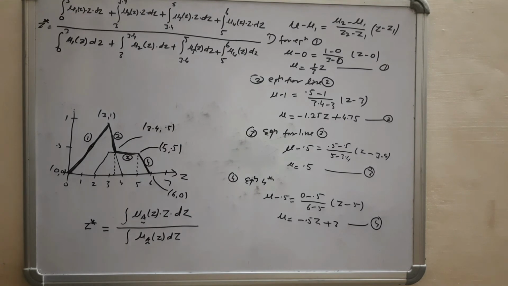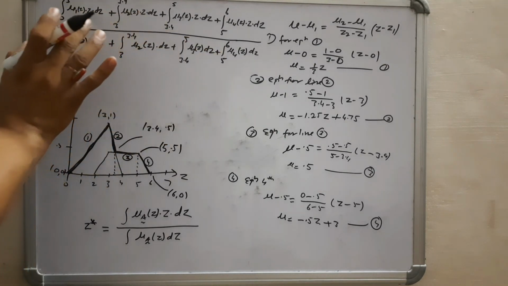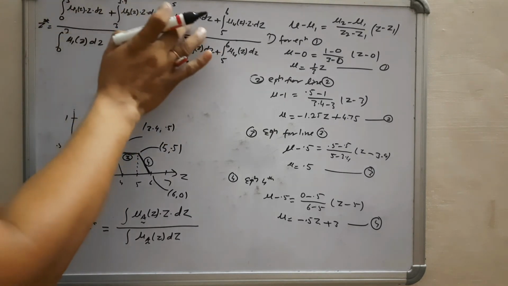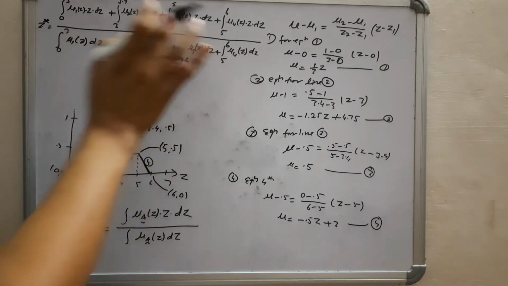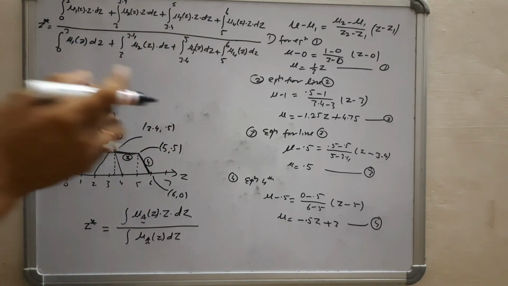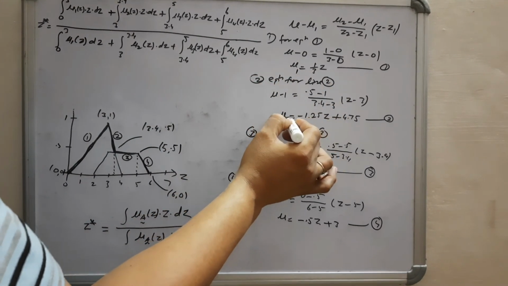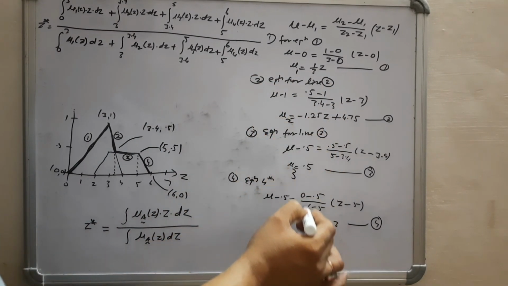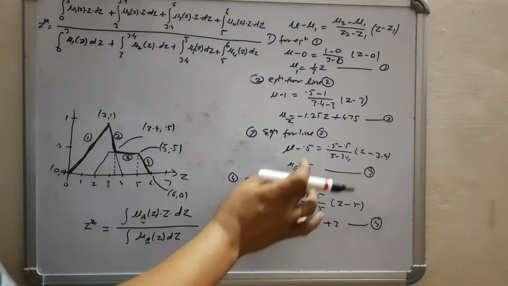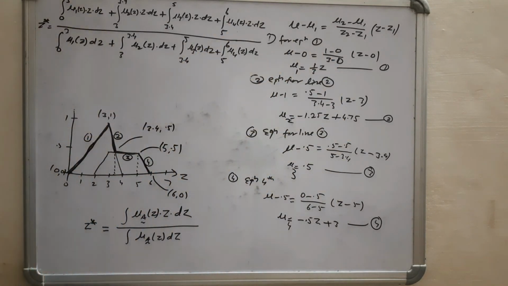So we have to perform a total of 8 integrations, 1 2 3 4 5 6 7 8, and these are the line equations for mu1, mu2, mu3, and mu4. Put all these values in this equation.